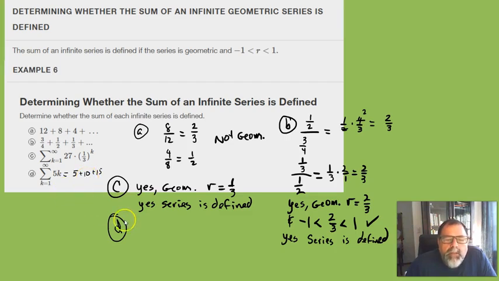So this is not geometric. So just B and C are geometric, and both of those are defined because r is between -1 and 1.